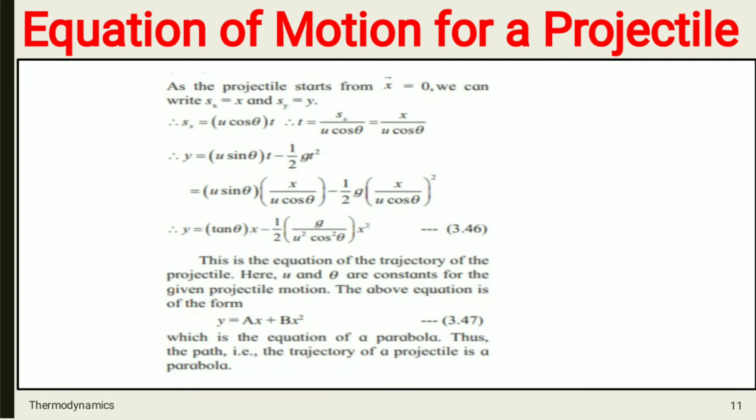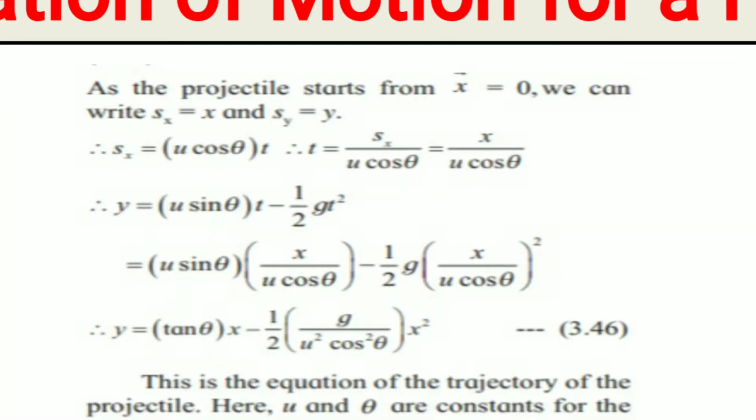Then what we are considering here is that the projectile starts from x is equal to 0, meaning it is starting from the origin. Then we can write the displacement of the projectile along the x axis, that is sx is equal to x and sy is equal to y.